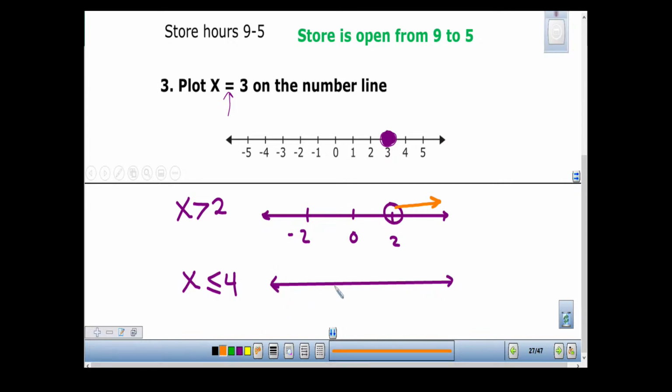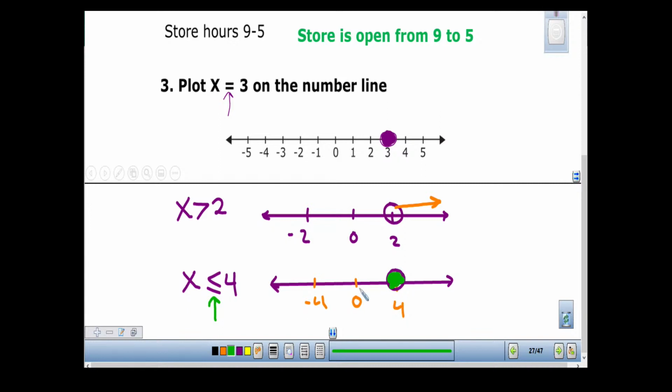I gotta go to -4, 0, 4, and then I gotta have myself a circle, and in this case I have to bubble the 4. Sure, fill in that bubble.